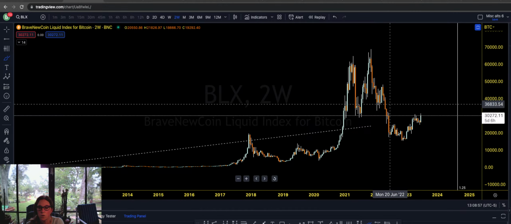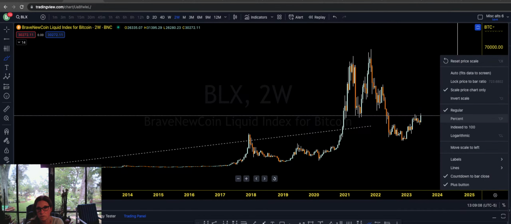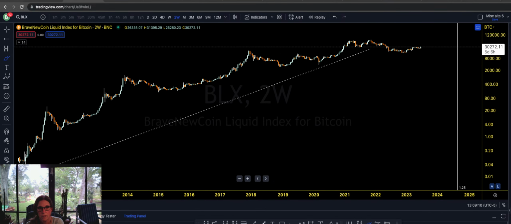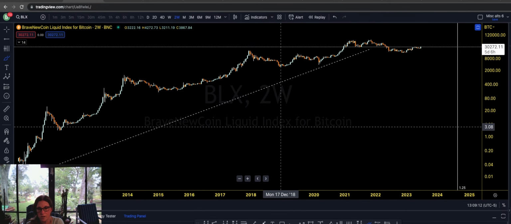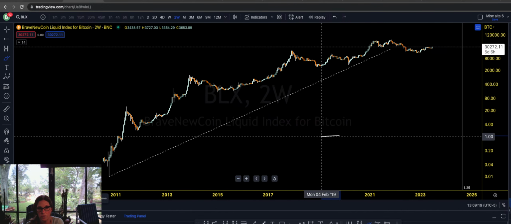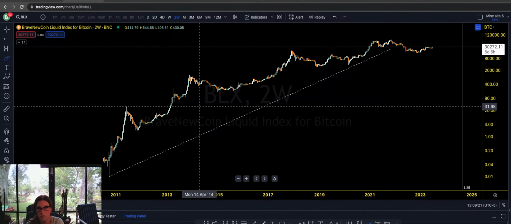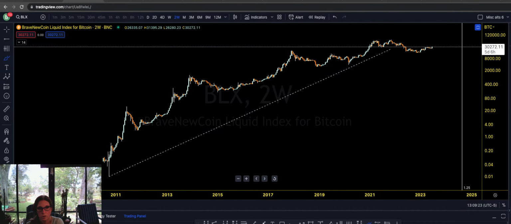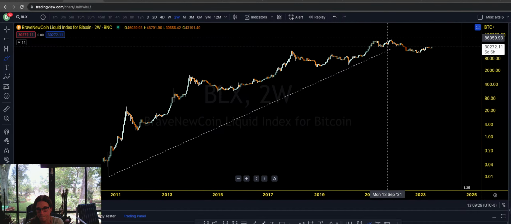Well, we got to remember one thing. The markets move in price and in time. We have to consider time in all of this. Okay? There's a minimum requirement of time that all corrections should take, and that is 1/3 of the amount of time that it took the wave that it's correcting.